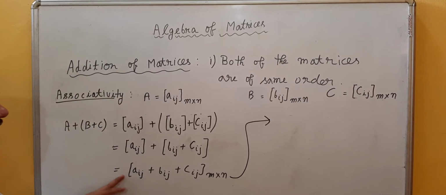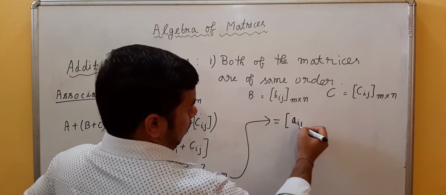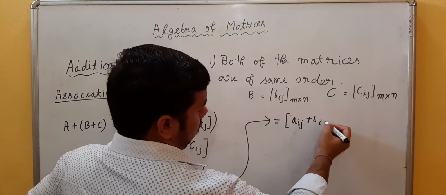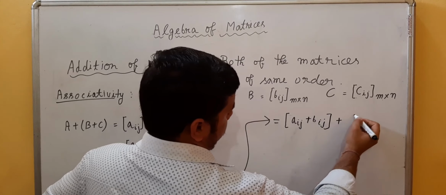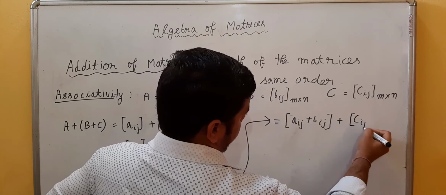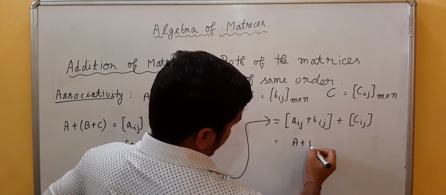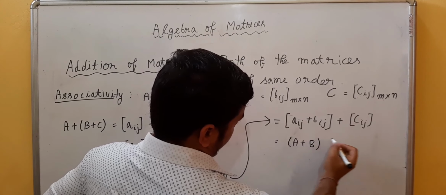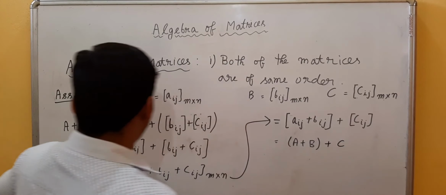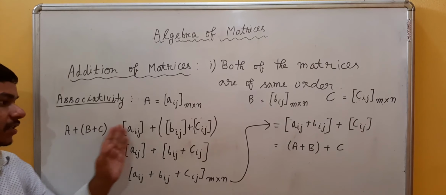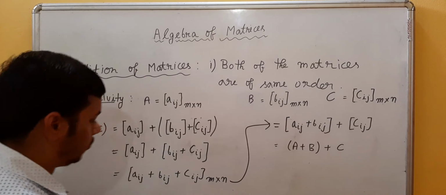It can also be written as Aij plus Bij plus Cij. So it is A plus B plus C. Means matrix addition is associative.